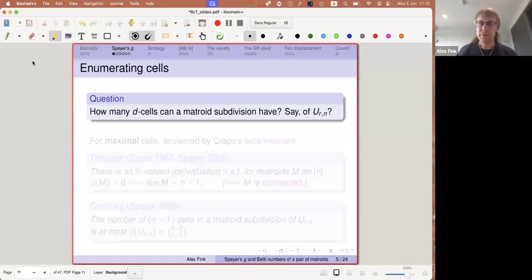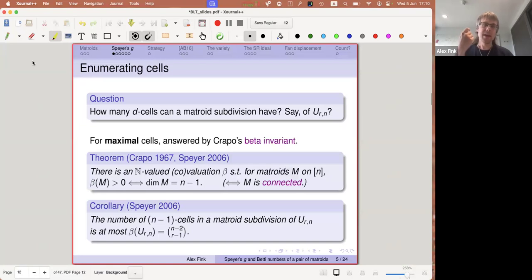The largest matroid polytope is the uniform, so getting a bound for that is a place to start. So one case of this, which appeared in this paper of Speyer, using the beta invariant of Crapo that appeared in the literature before, gave you the answer for maximal cells.